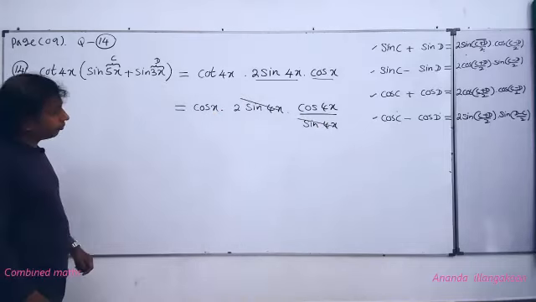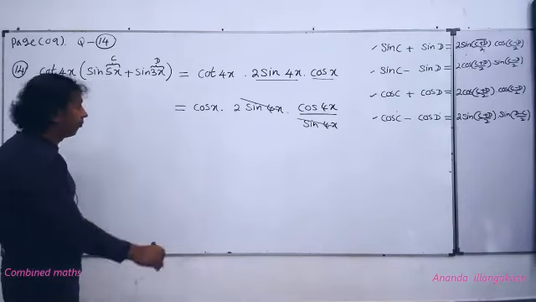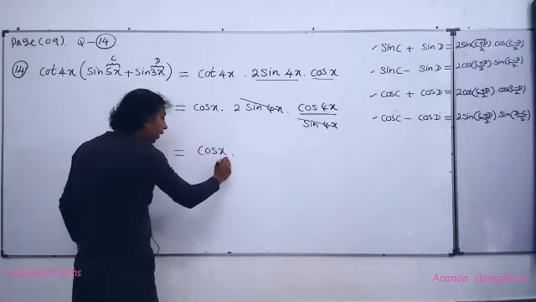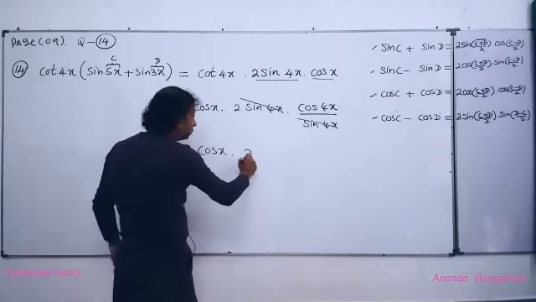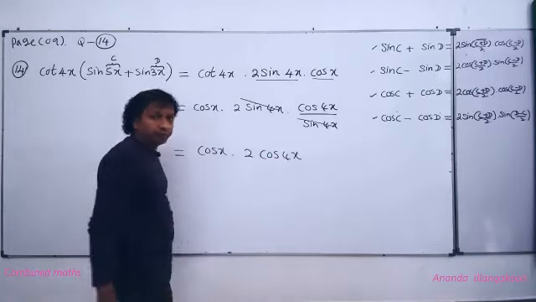Okay. Right, now this is what I do next. I write this cos x and this 2 cos 4x. This only we have here, no, people.